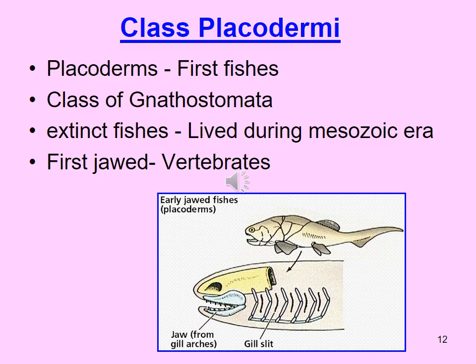Class Placodermi. These are the first fishes which belong to the superclass Gnathostomata. Placodermi fishes are extinct fishes, and these fishes lived during the Mesozoic era. These are also the first jawed vertebrates. So most of them are known from the fossil records.